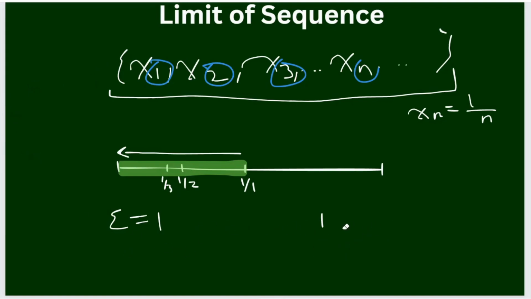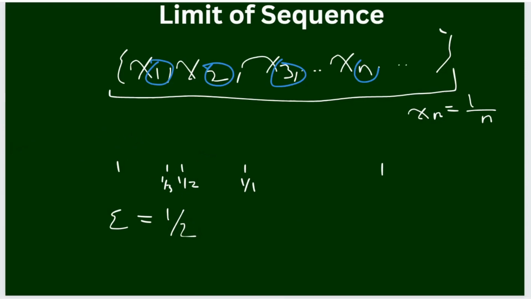And we can also assume that epsilon is equal to 1/2. Well then, if epsilon is equal to 1/2, then we're talking about here, right? Up to 1/2. And then we give that the capital N is equal to 2.